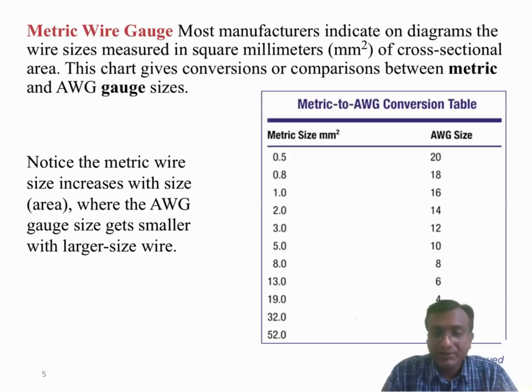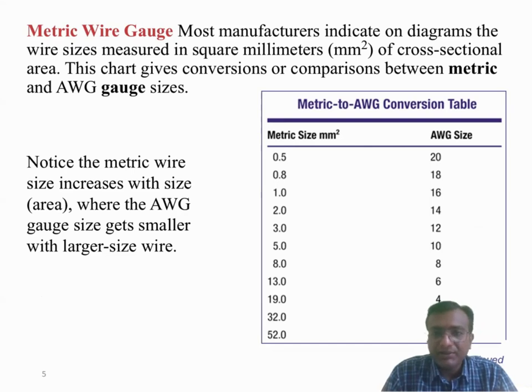Now, the next important point is the metric wire gauge. In India and some other countries, the metric wire gauge terminology is used. Manufacturers measure the wire size in terms of square millimeters, that is, the cross-sectional area. This chart gives the conversion between metric and AWG gauge wires.